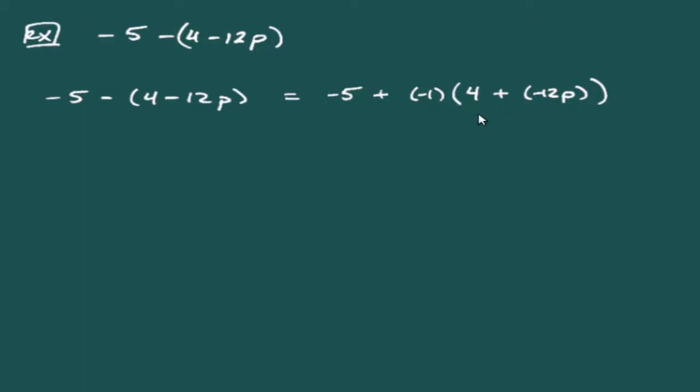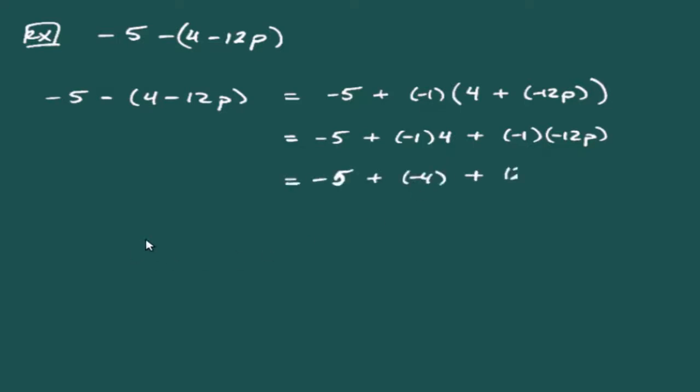And so what we're distributing in this case is the negative 1. So we've got our negative 5 plus the negative 1 times 4 plus the negative 1 times the negative 12p. The negative 1 times 4 is just going to give us the negative 4, and the negative 1 times negative 12 is going to give us a 12p.